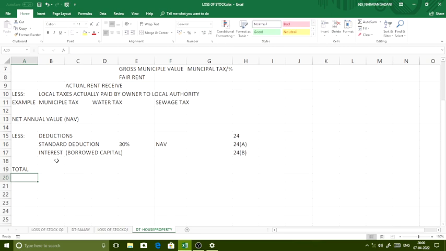After this total amount, we also add miscellaneous things. What we add is the unrealized rent under section 25A.